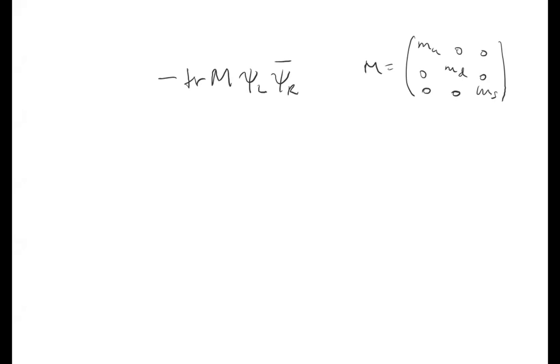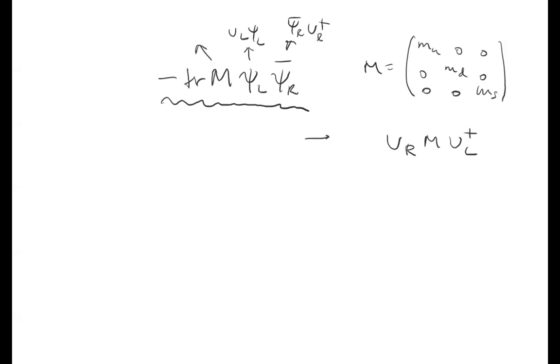The reason I write it this way is that if you pretend this mass matrix is not a constant, but something that transforms this way, and of course it doesn't because the mass matrix is just a number, but suppose you do pretend that the mass matrix actually transforms this way, then this quark mass term in the QCD Lagrangian is invariant because psi left goes to U left psi left, psi bar right goes to psi bar right U right dagger.